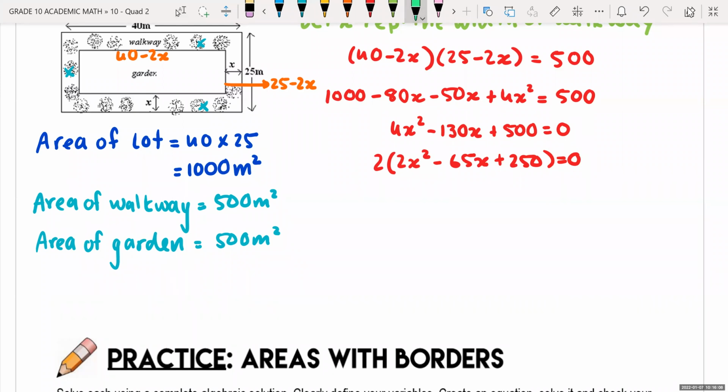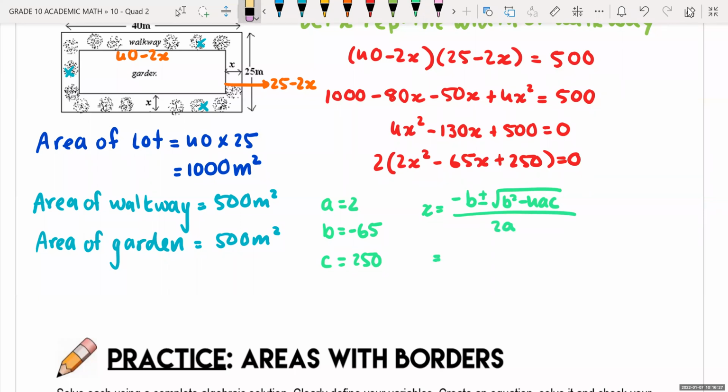Okay, so for the quadratic formula, my A is equal to 2. My B is equal to negative 65, and my C is equal to 250. Okay, and now what I would like to do is write in the numbers.